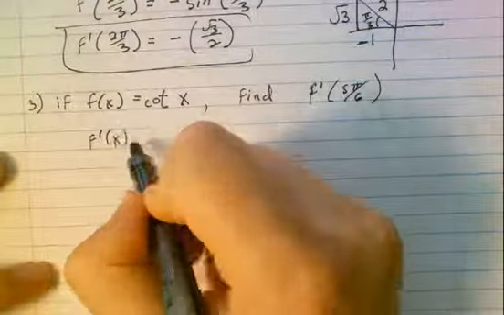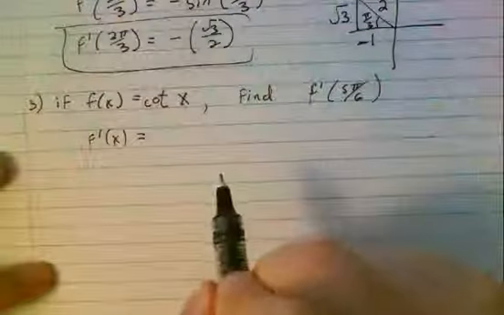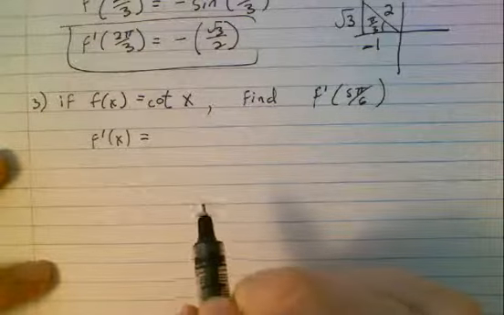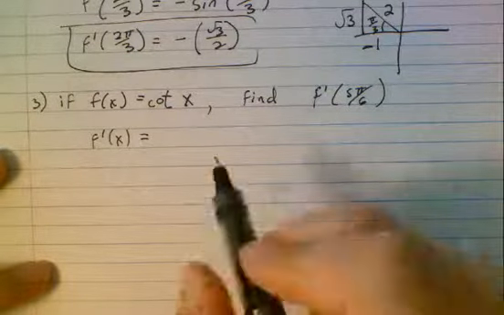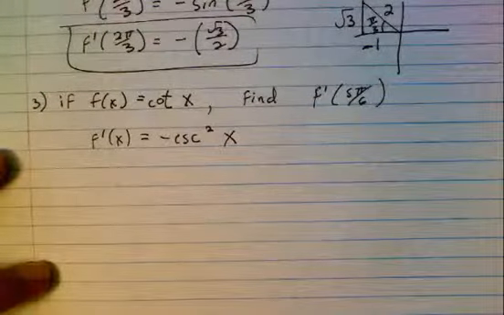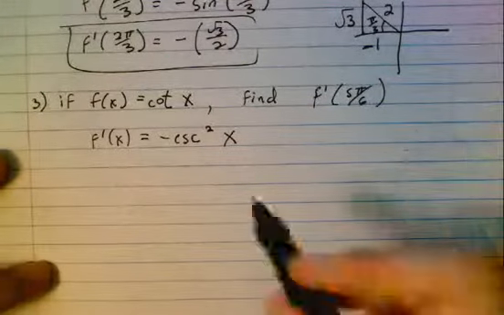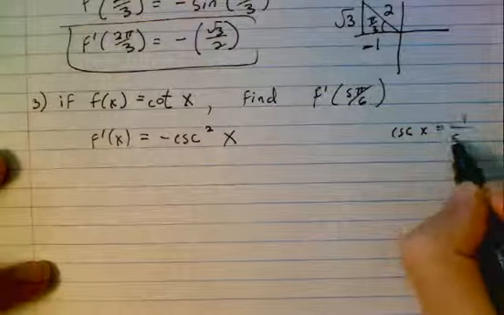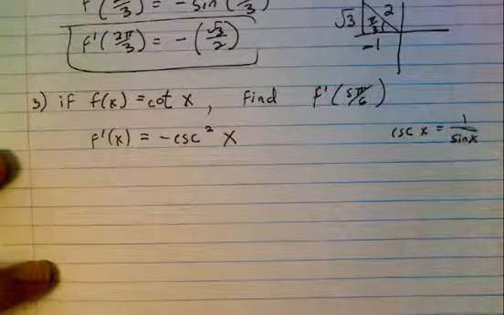F prime of x, we look at our notes from the previous lesson, derivative 6. The derivative of cotangent is negative cosecant squared. Just got to know it. And we also have to remember that the cosecant is 1 over the sine.